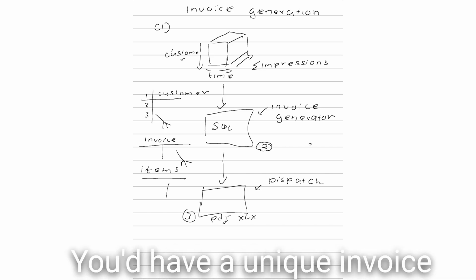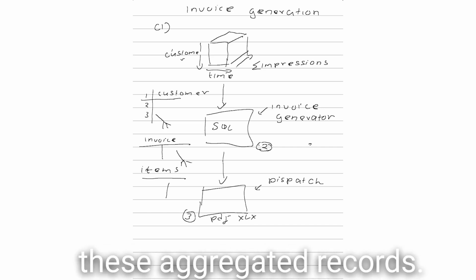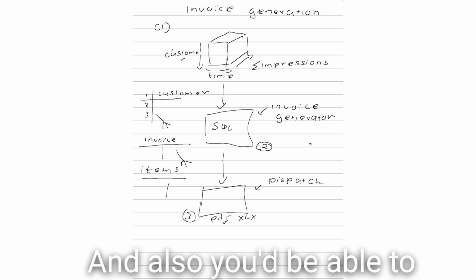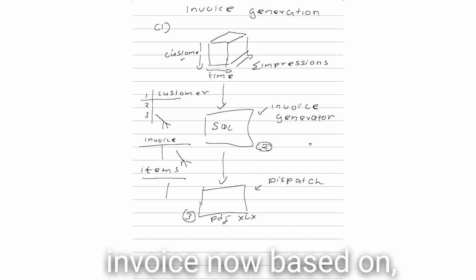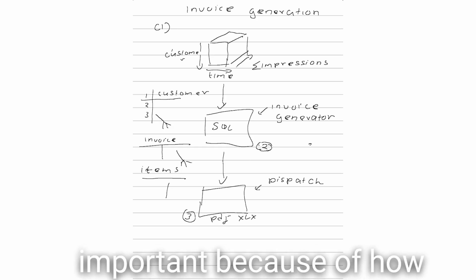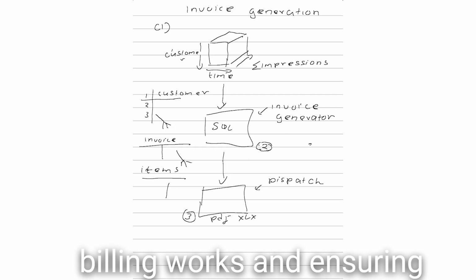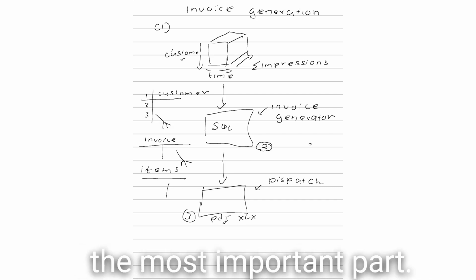You'd have a unique invoice ID for each of these aggregated records, and also you'll be able to track the life cycle of each invoice now based on this. This is of course important because of how billing works, and ensuring consistency and integrity at this point in time is the most important part.